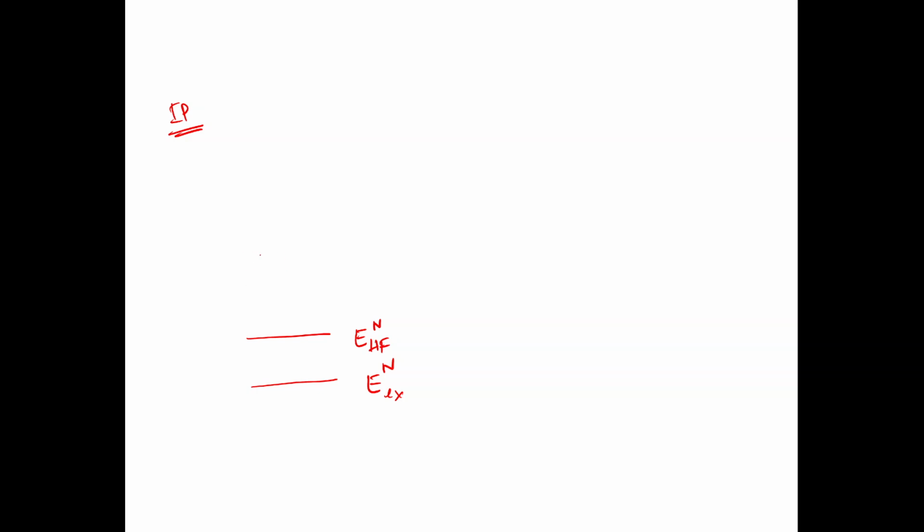Now for the n minus 1 electrons, that is usually higher than the Hartree-Fock, so let's say it lies somewhere here. We'll come to the exact later. So let's say now you have E Hartree-Fock for the n minus 1, right?